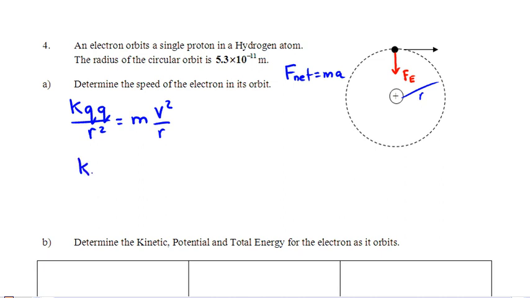And you can get to k, q, q all over r, which just happens to look a lot like energy, is equal to m v squared, which, by the way, almost looks like kinetic energy.